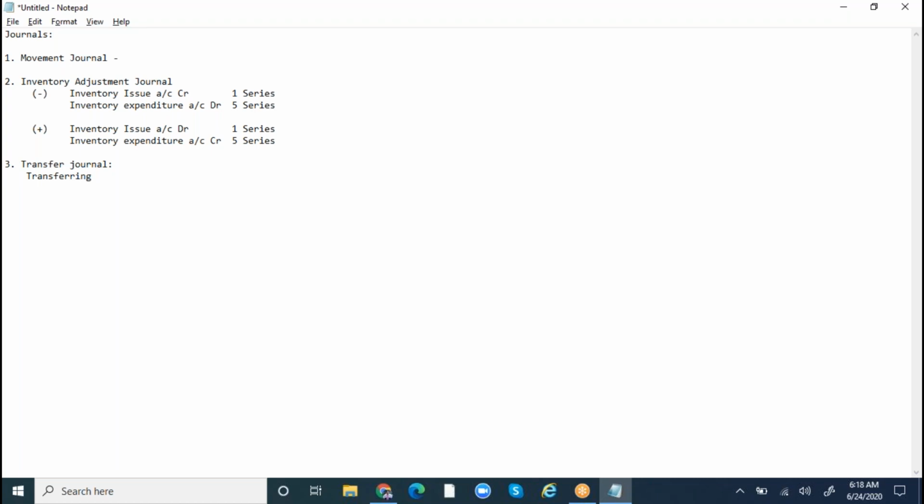Transferring the item from one inventory dimension to another inventory dimension.